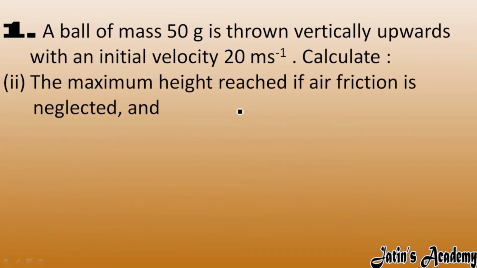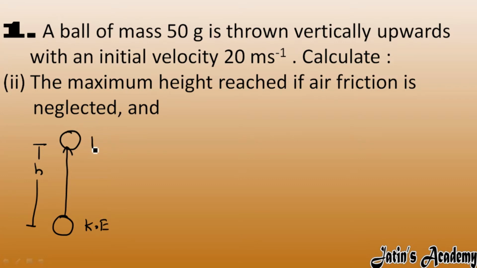Now we have to see the maximum height reached if air friction is neglected. When you give the velocity, the ball starts moving in the upward direction and attains some height before coming to rest. So we have to calculate the maximum height when air friction is zero. Due to conservation of energy, the whole kinetic energy given at the starting point is converted into potential energy.